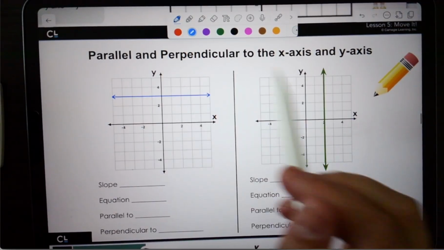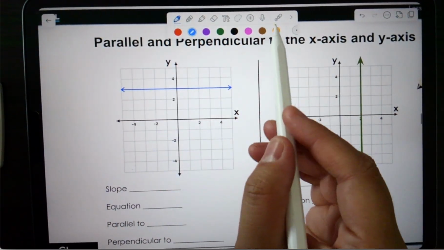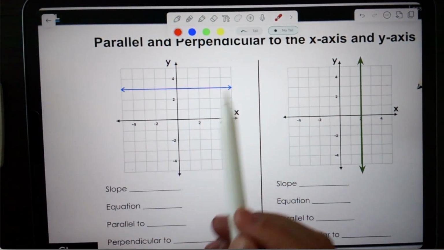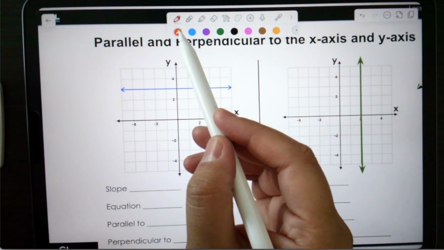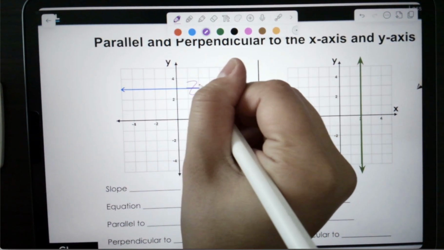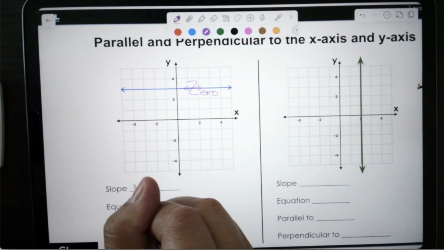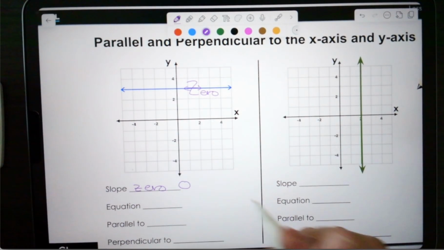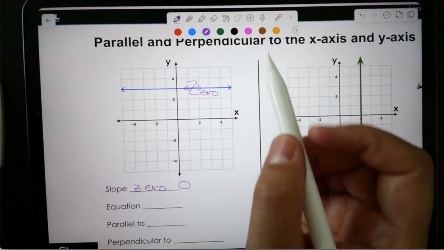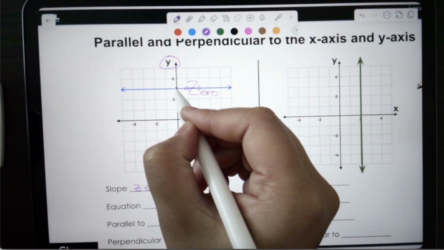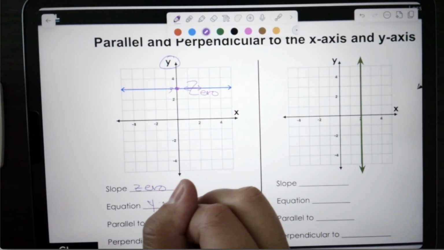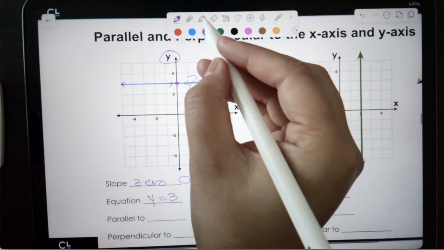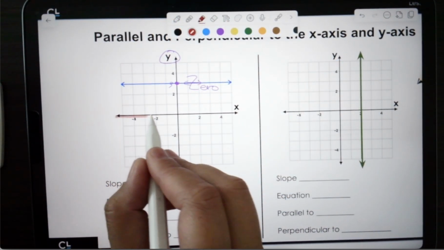So this is your note page. For this equation, a line that goes left and right has a slope of 0. You can also write the number 0. Now my equation, I'm touching the y line at 3. My equation is y equals 3. Now, I have the x-axis.